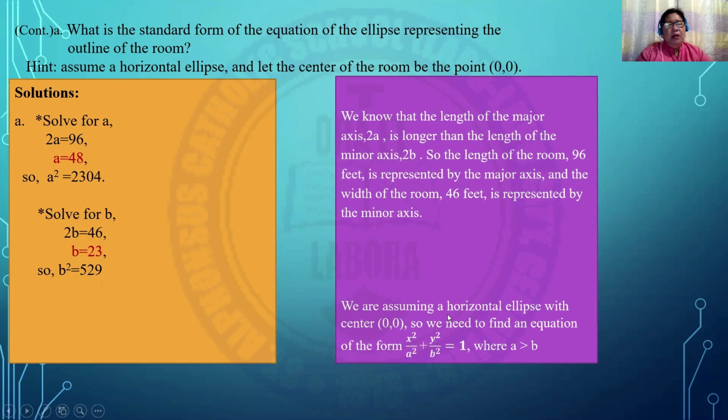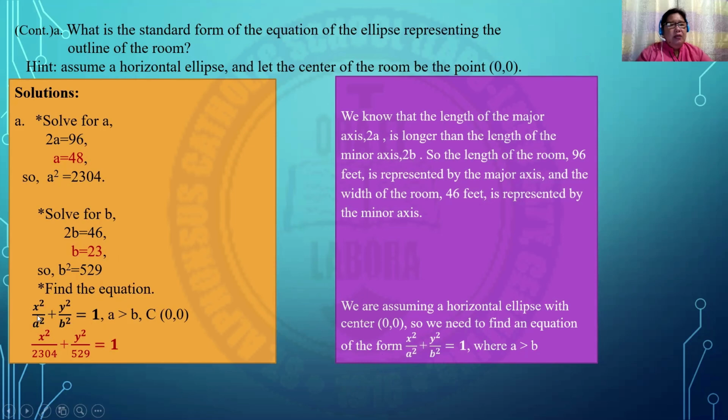We are assuming a horizontal ellipse with center (0, 0). So we need to find an equation of the form x squared over a squared plus y squared over b squared is equal to 1, where a is greater than b.